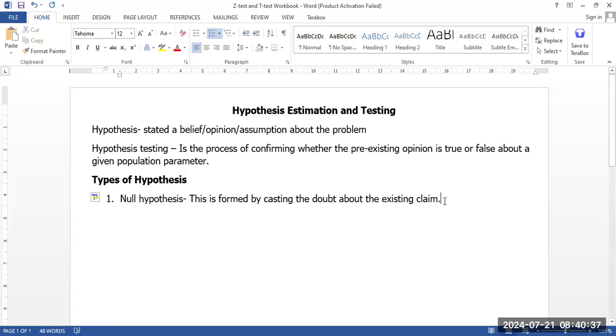And if we find that what you stated is false, then we will accept the alternative. That is type number 2, the alternative hypothesis. This is simply the opposite.